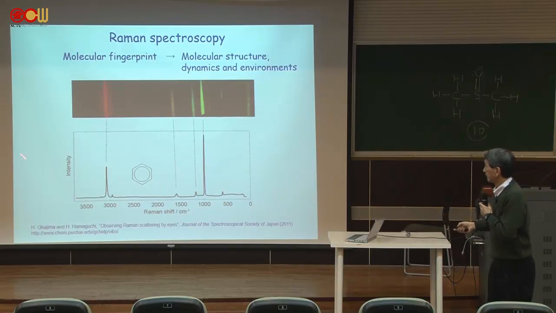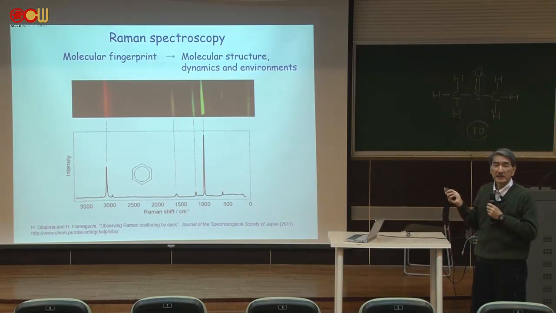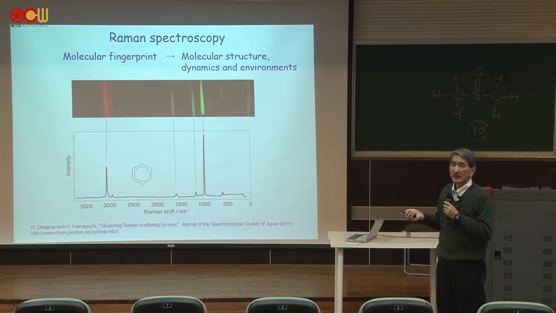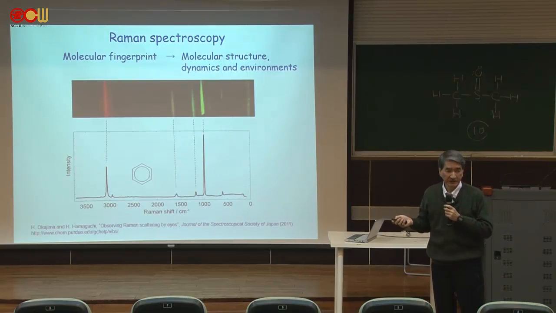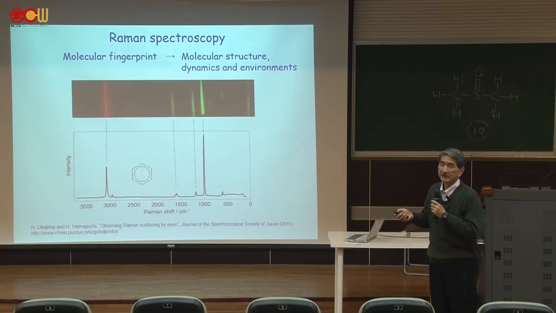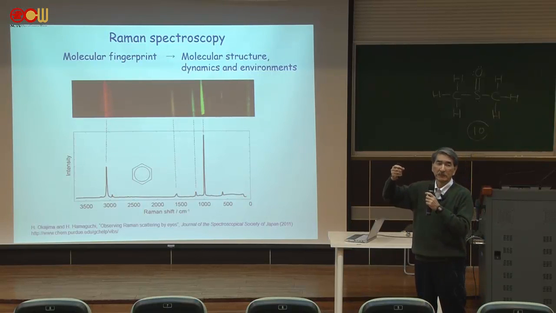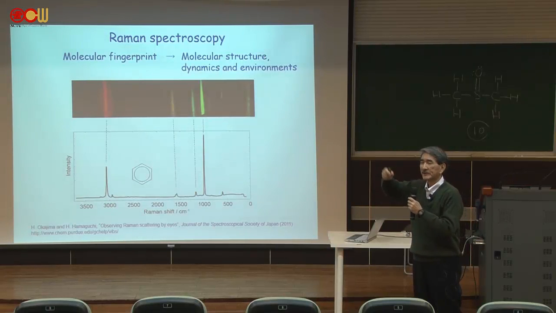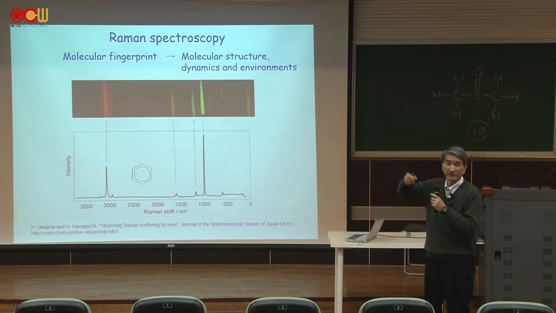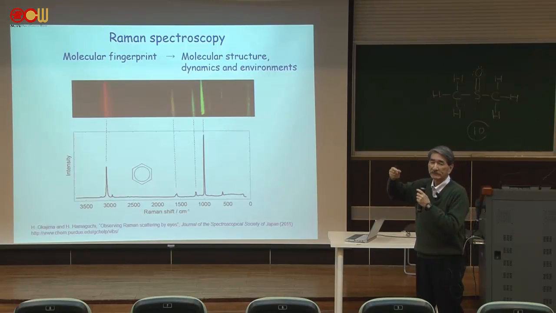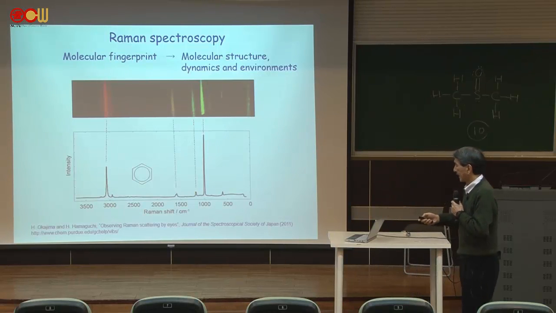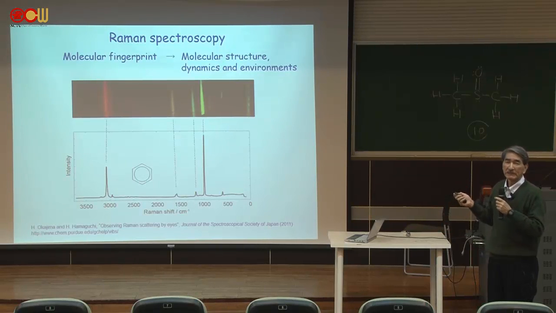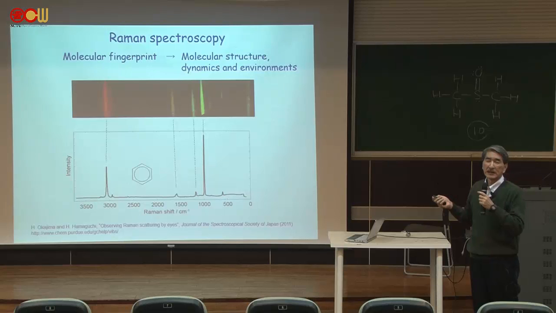So if we have a band around 3,000, we immediately know that this is from CH stretch, because the CH stretch force constant is common to most of the molecules. So the frequency of CH stretch is determined by that force constant. Then CH stretch always gives bands around 3,000. So this is how vibrational spectroscopy works.